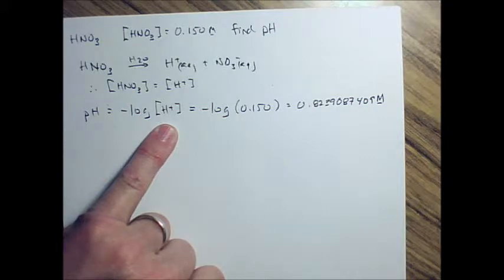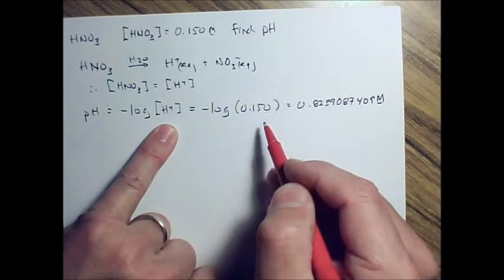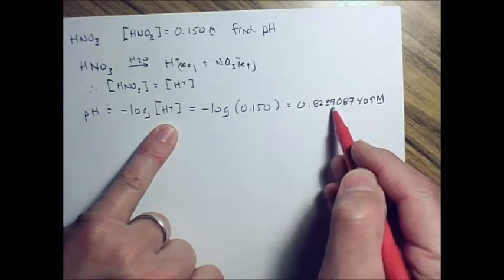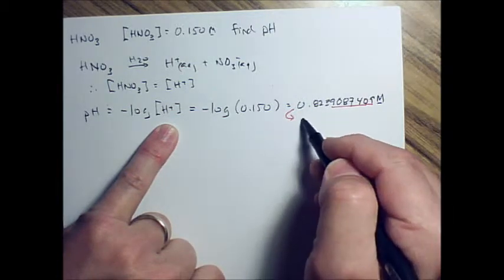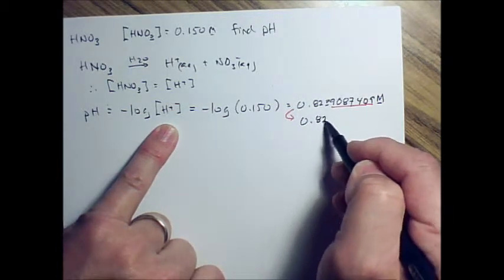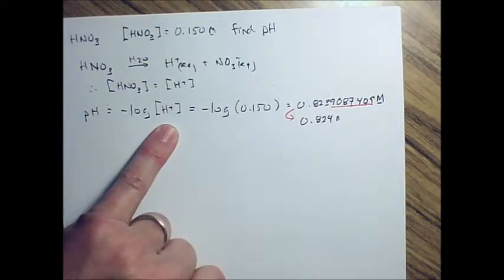I need to round that off to how many digits? 3 digits. I got 1, 2, 3 digits here. They're significant. So the pH then should be 0.824.